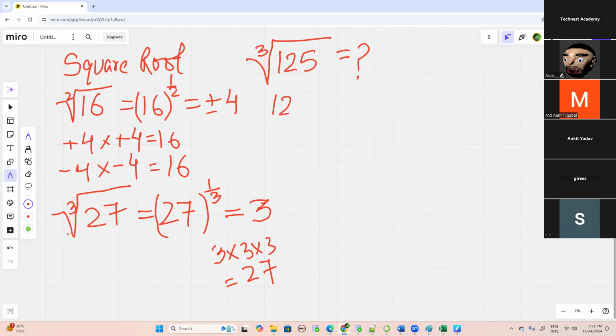It means I am asking, tell me that particular number x which, when raised to the power 3, should give me 125. This is the meaning. So you will say that x is 5. Why? Because if you multiply 5 to itself 3 times, you will get 125.